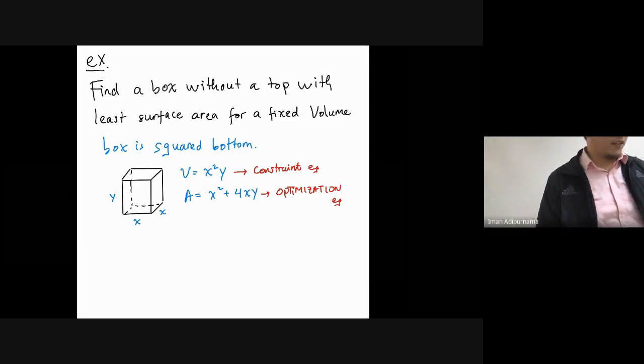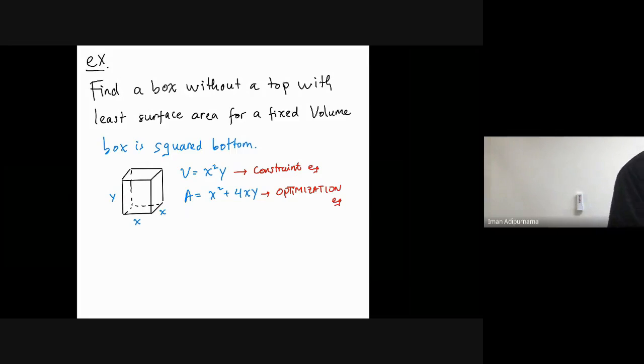And solve from the constraint. Somehow you rewrite the form and solve for y. I think the easiest one is y to change here. So you'll get y is volume over x squared, and then change all the equations for V over x.